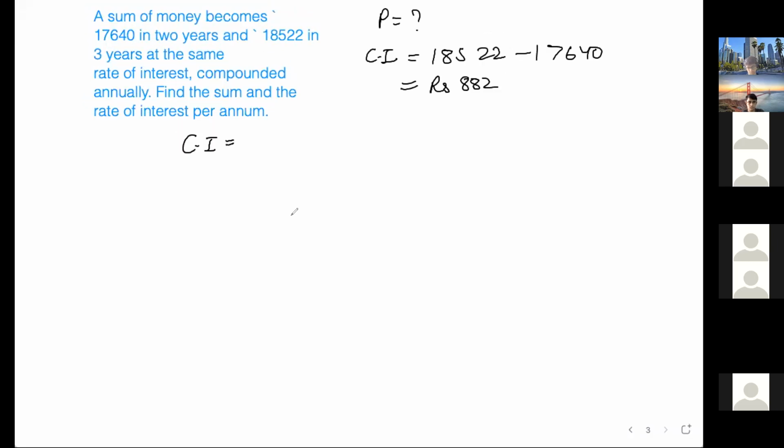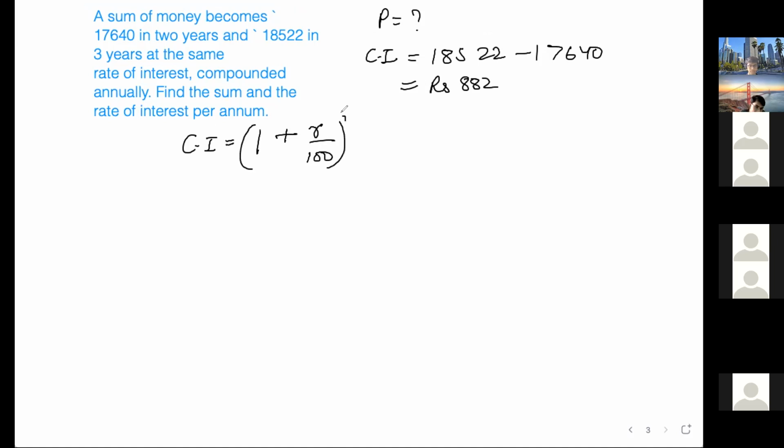So what is the formula for compound interest? Or you can find out, this is 1 plus R by 100, R we have to calculate. Okay.